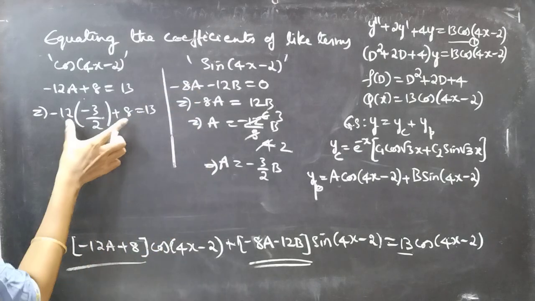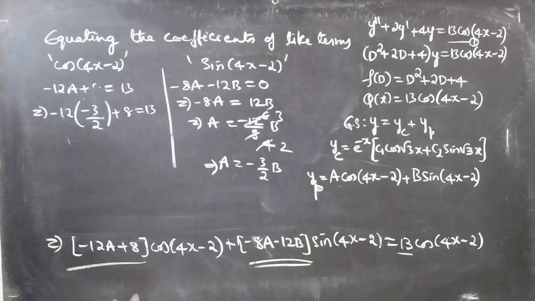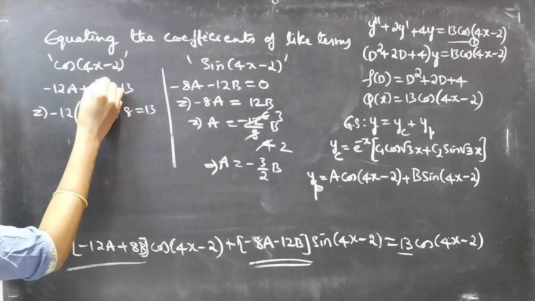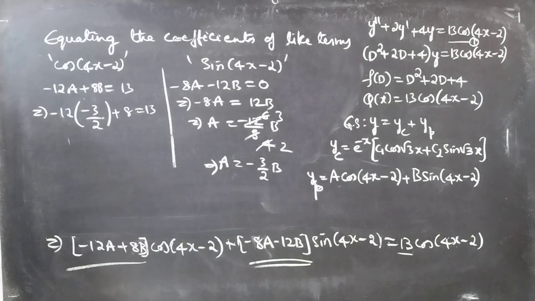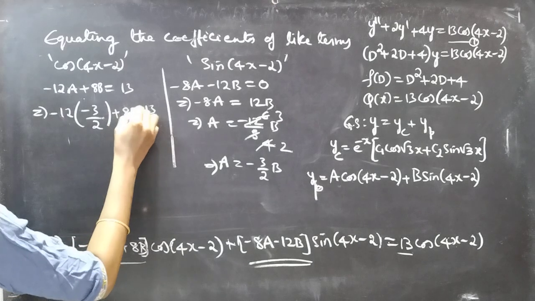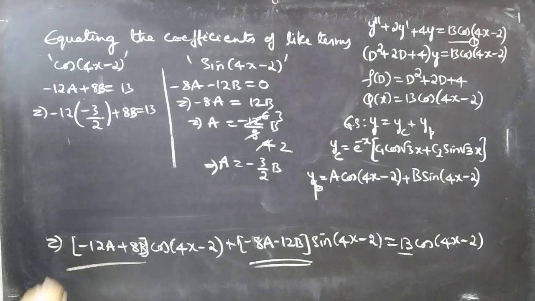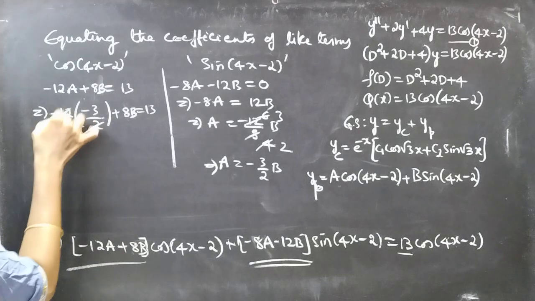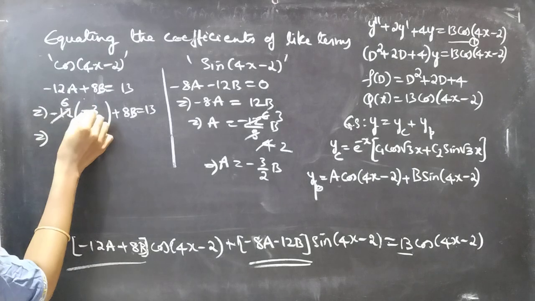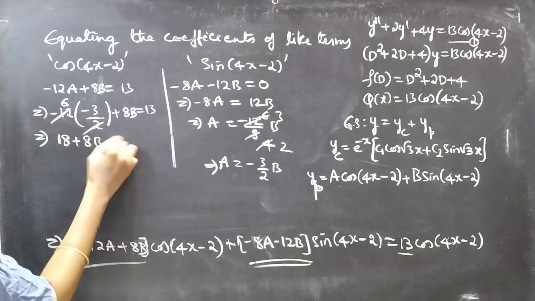So with the help of this a, I'm going to find b. It's 8b, okay, not just 8. So minus into minus plus, 6 3s are 18, plus 8b equal to 13.